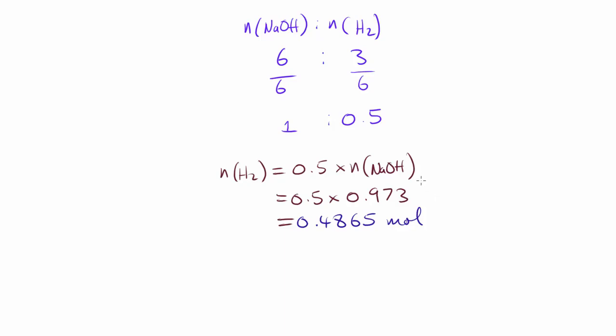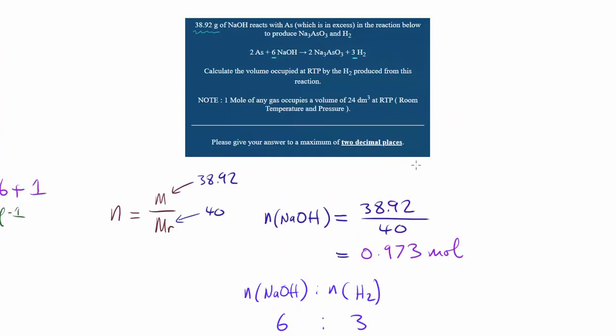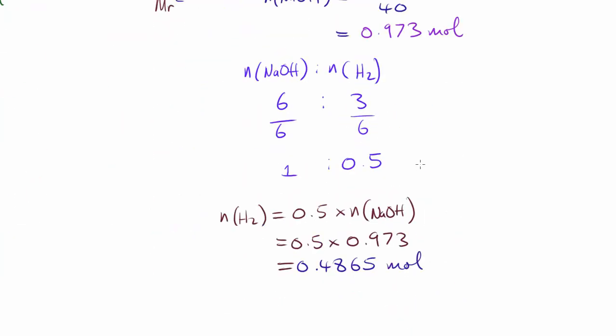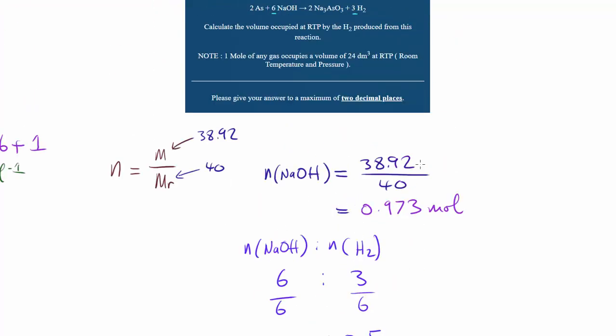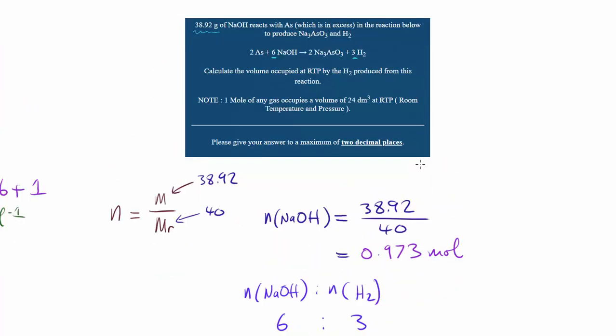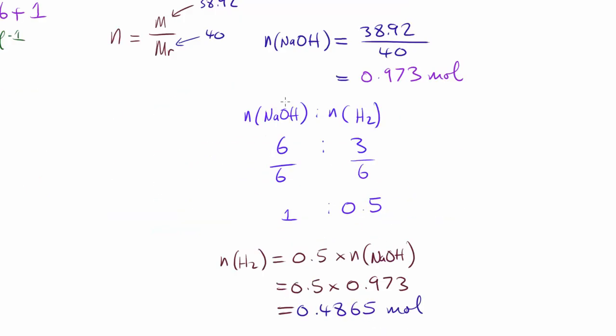Okay, and what we're also going to do in this context is take a look at, well, we've got the moles, right? But we need to work out the volume. So we need to consider, well, what have we been asked to do specifically? We want to work out the volume at room temperature and pressure. Now, at room temperature and pressure, as we've been told here, 1 mole will occupy 24 decimeters cubed, and that's for any gas, basically.